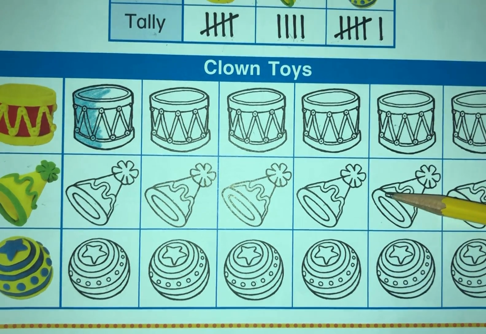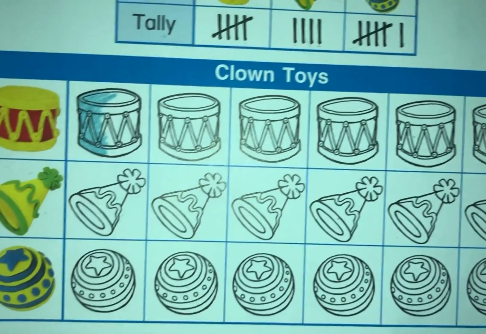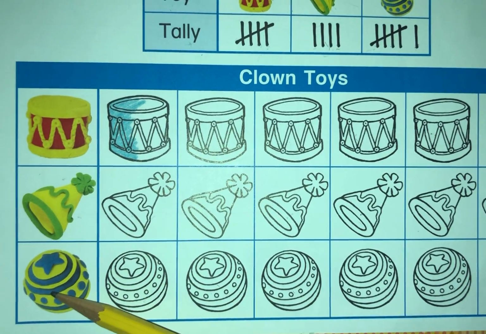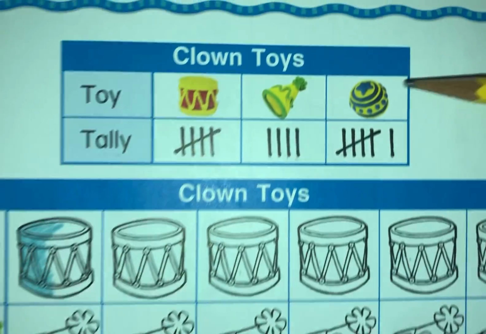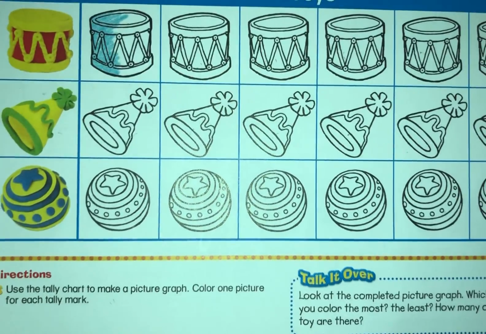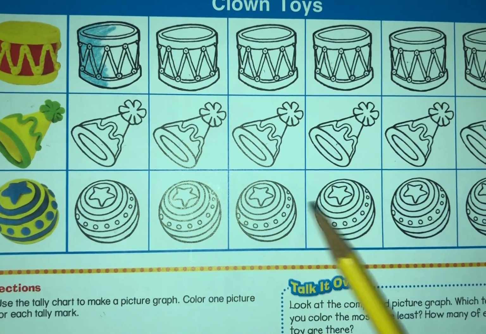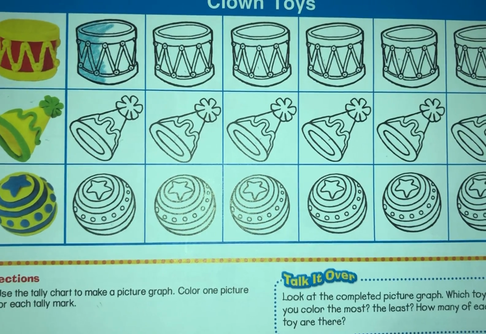Leave these 2 blank because according to the tally chart, there were only 4 hats. Now we want to color and find out how many balls. How many balls? There were 6 tally marks. So come down to the picture graph and color in 1, 2, 3, 4, 5, 6 balls.